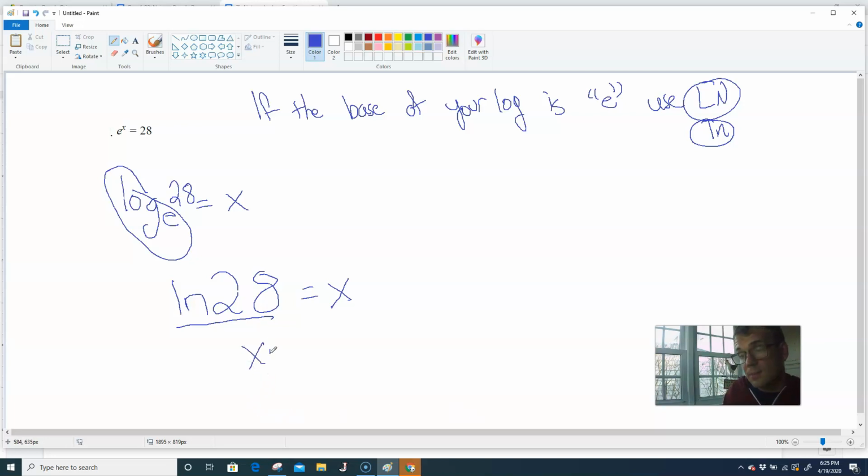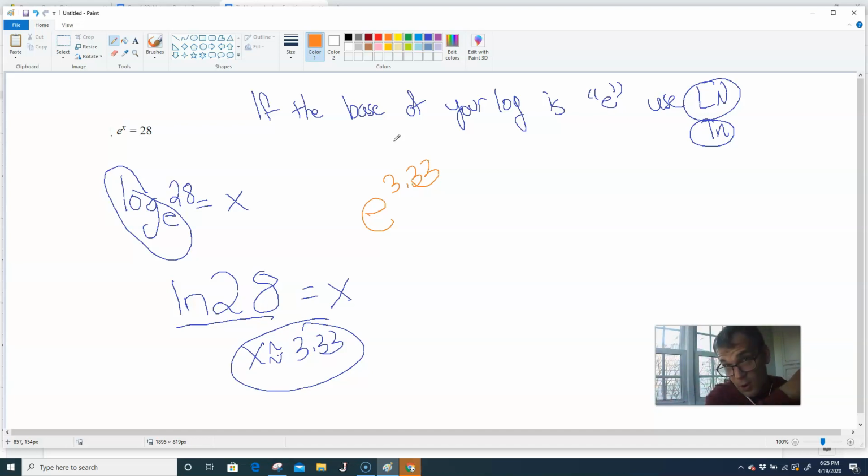So x is approximately 3.33. I don't like that answer. I don't trust that answer. So I'm going to check my work by saying, I wonder what happens if I take e to the 3.33 power. It better be close to 28. On the TI-84, that e was somewhere near the 4.